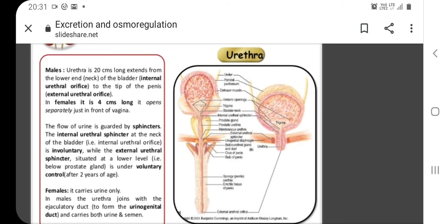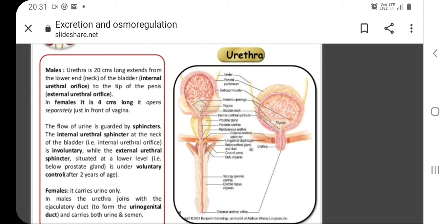Excretory system in man. In male, the urethra is about 20 centimeters long and extends from the lower end of the bladder to the tip of the penis.